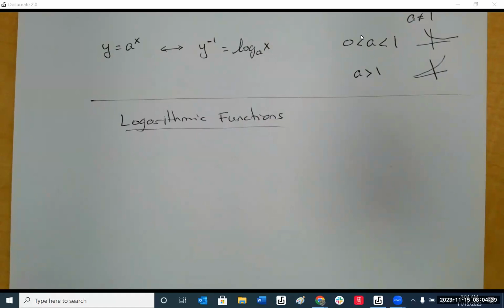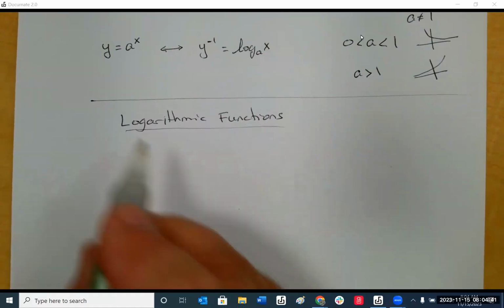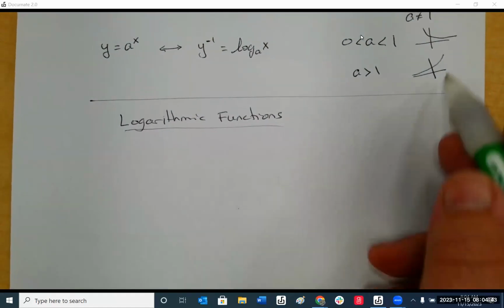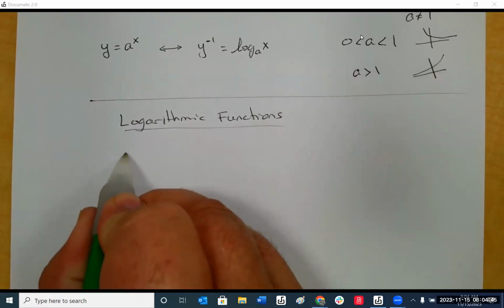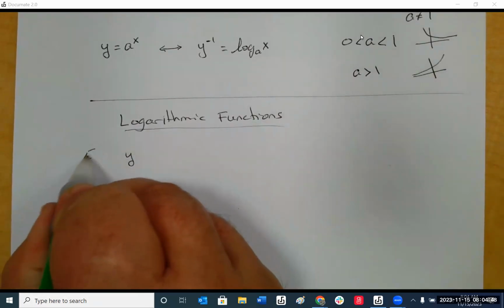All right, so again, we looked at this, example 1.